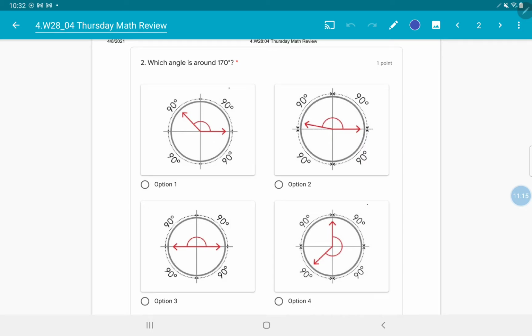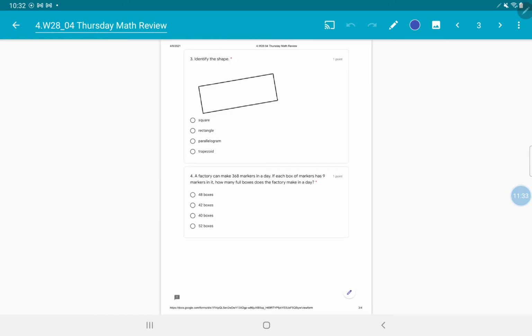Option 2. Tell us why you think it's option 2. Because I know 180 is just a straight line to the middle. And so if you just went up a bit, it would be 170. Yeah, it's almost a straight line, but it's 10 degrees away from being straight. Okay, very good.